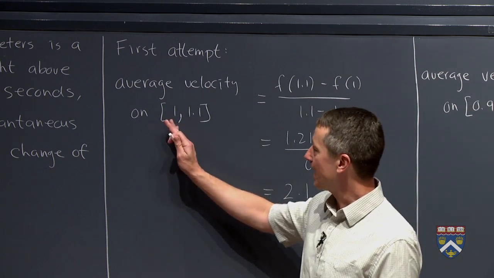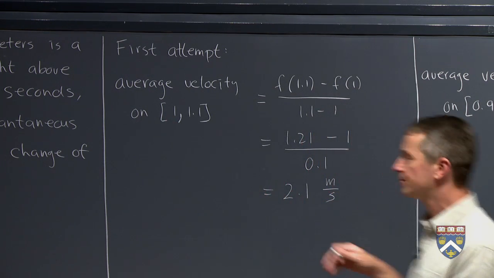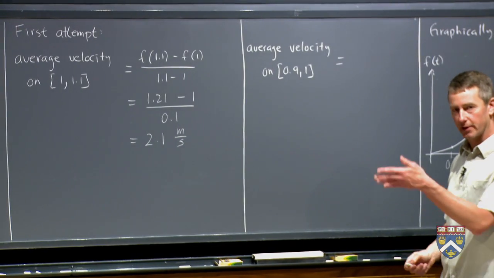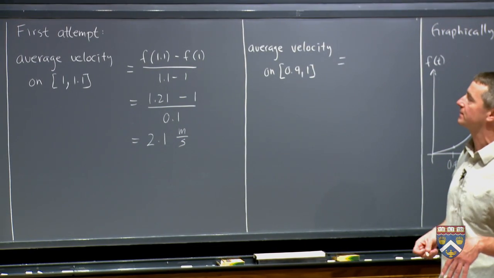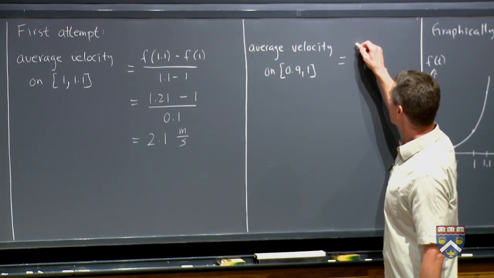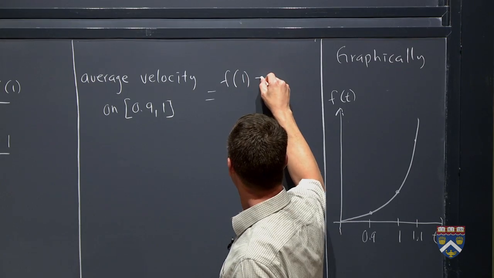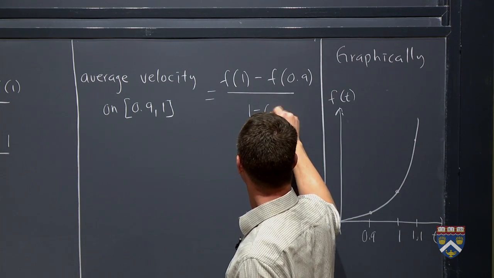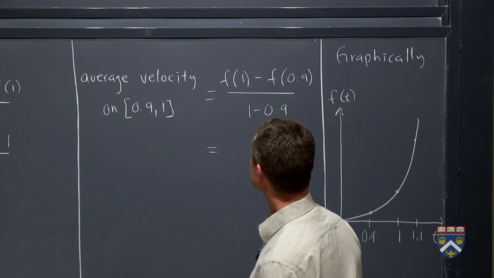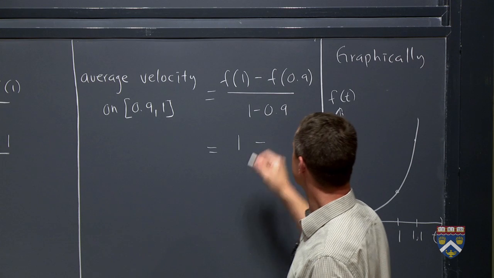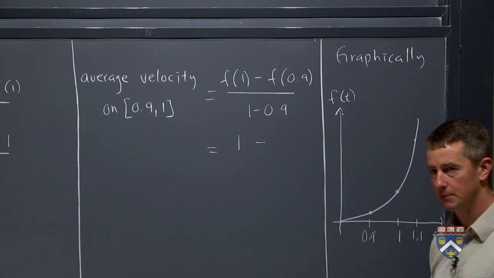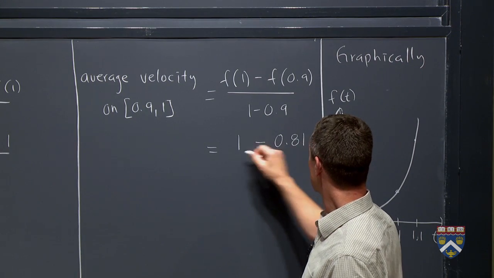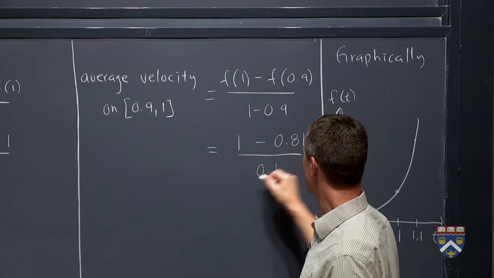Now, this was looking from time 1 forward to time 1.1. We could just as well have looked backwards 1/10 of a second. There's no reason to suppose that looking 1/10 of a second forward is better than looking 1/10 of a second backwards. So we could do exactly the same calculation here. f of 1 minus f of 0.9 over 1 minus 0.9. f of 1 is still 1. f of 0.9, when we square 0.9, we get 0.81, over 0.1.